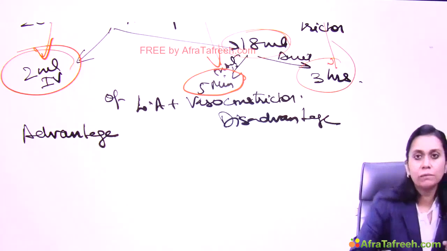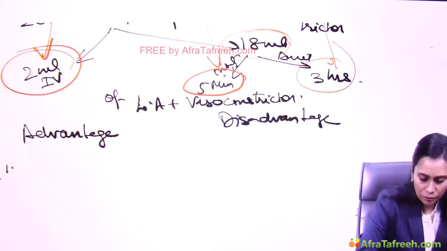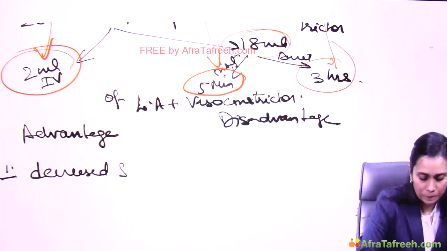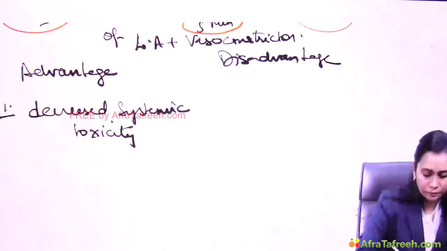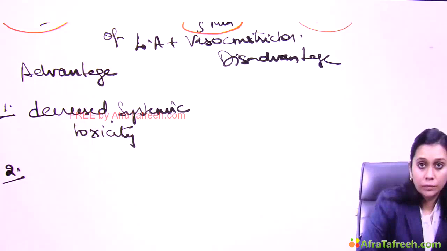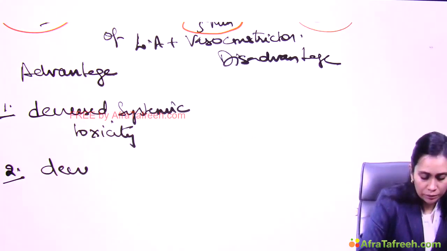Vasoconstrictor. Okay? Advantage number 1: decreased systemic toxicity. Okay? Then decreased onset time.